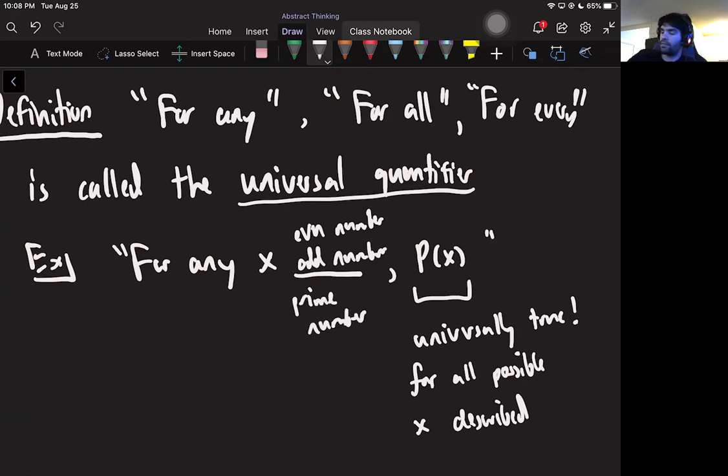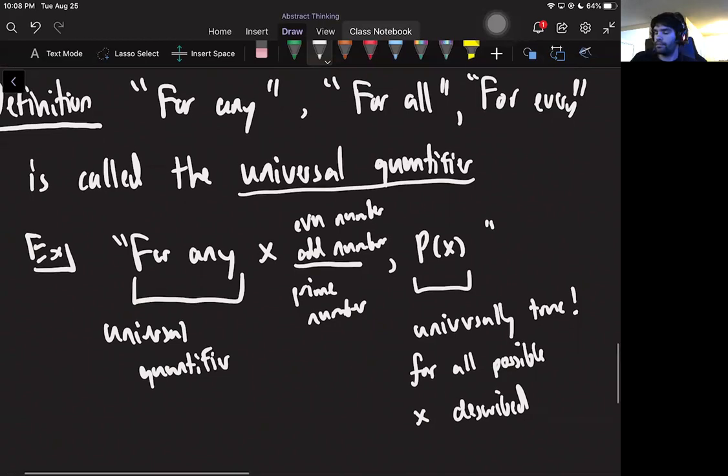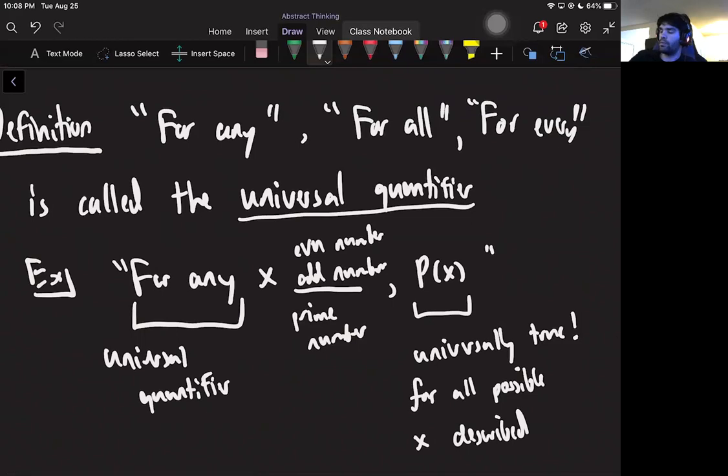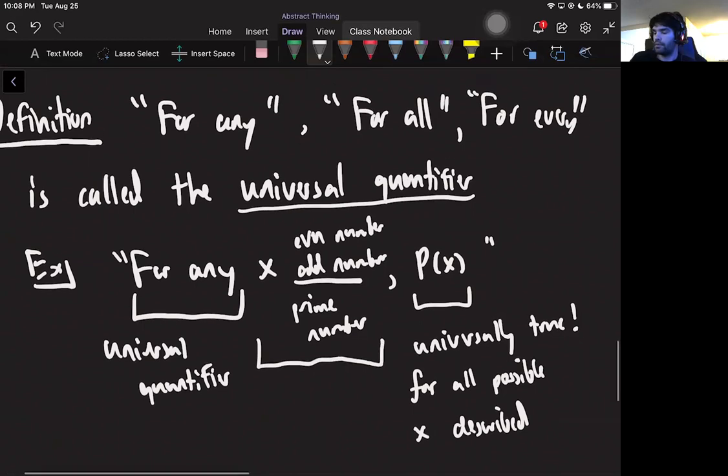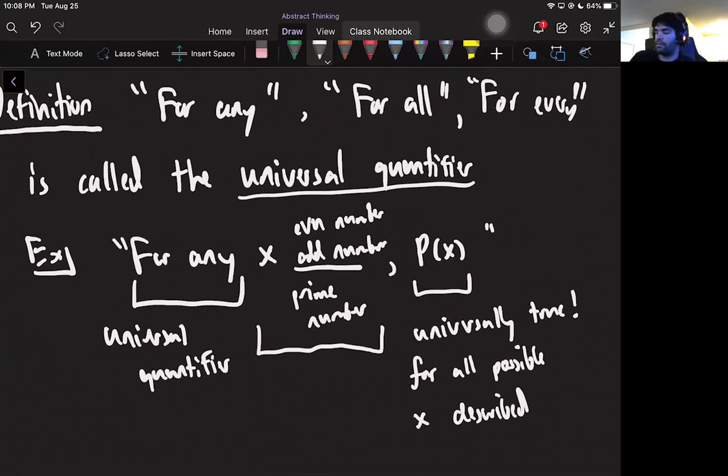And so this is called the universal quantifier because you're saying that the predicate is true always for the values of x that come after the universal quantifier. So whatever you decide to say there, even numbers, odd numbers, whatever you want.